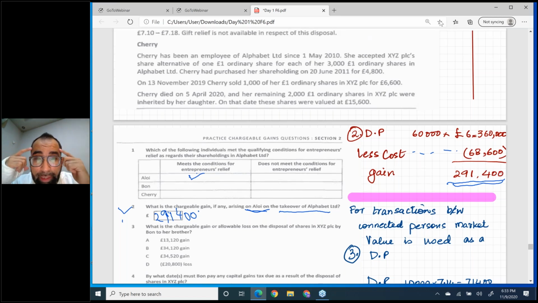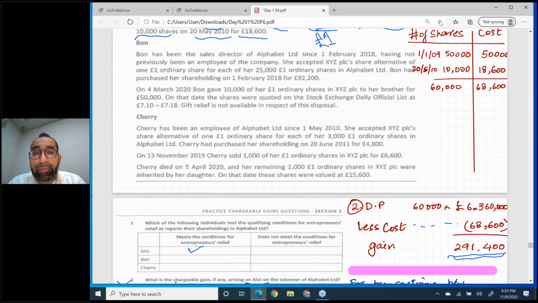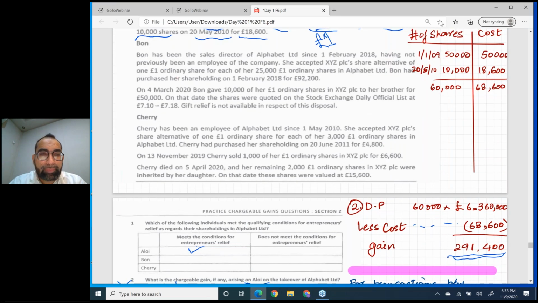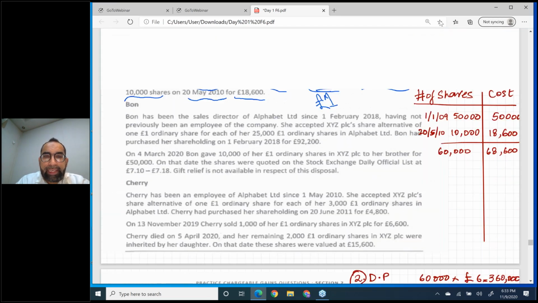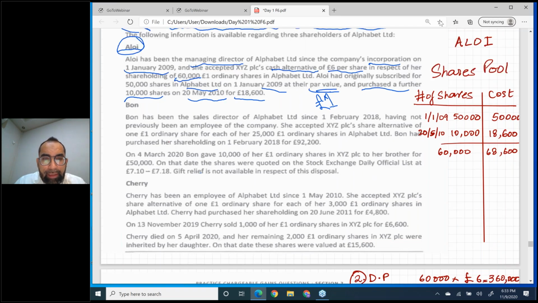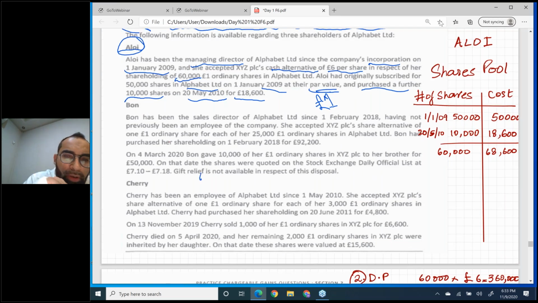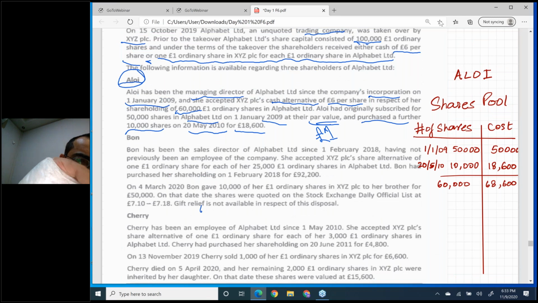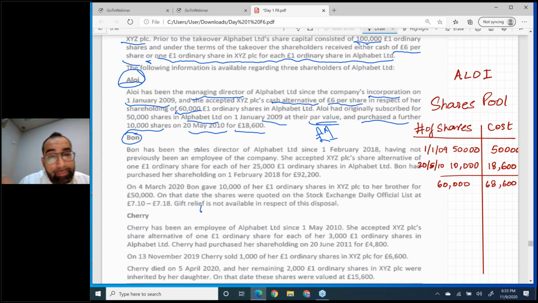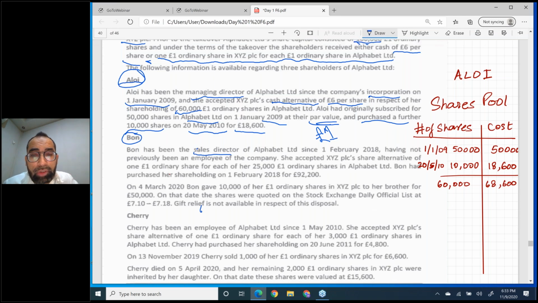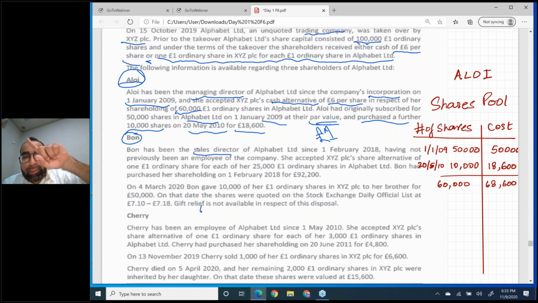See, just think that we are working for a cause. Now the second lady is Bond, who has been the sales director. Great, Bond is also doing a job, so the first condition is met. Alphabetic since 1st February 2018. No, see the disposal date.